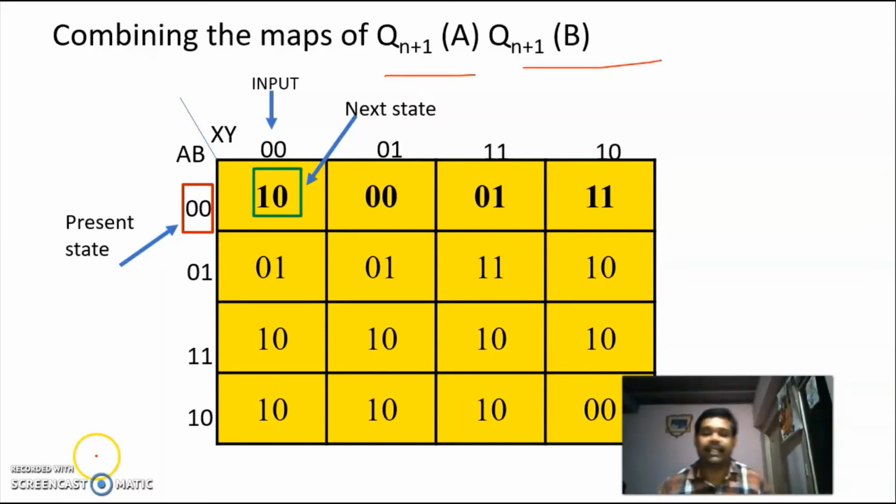Then we convert the transition table to a state table. After forming the state table, we will go for the state diagram. So we have converted the individual next state maps to one single map. From this, we can find the present state, input, and next state. And you have another map for output, which we can also take.